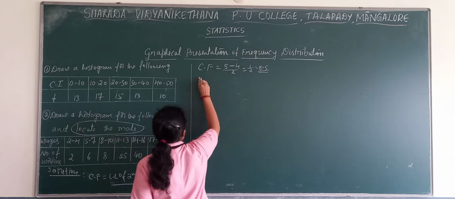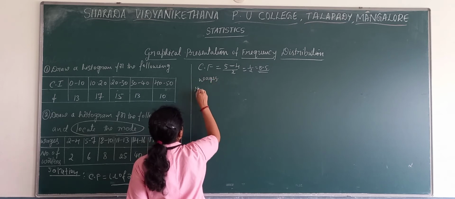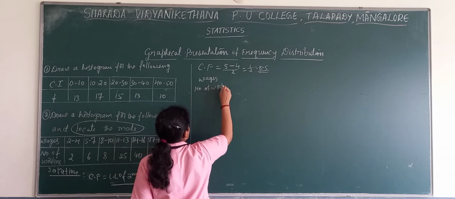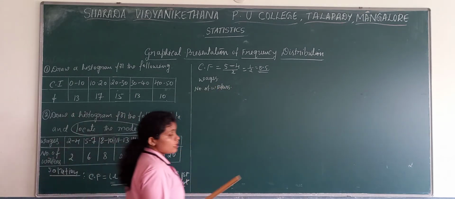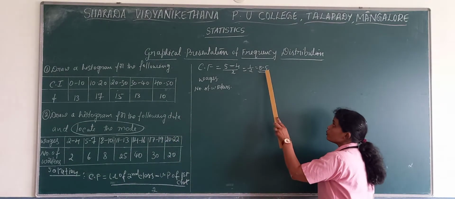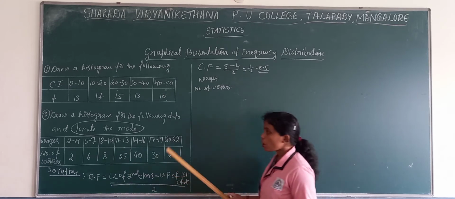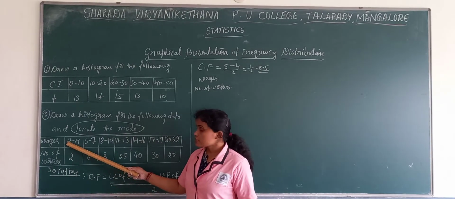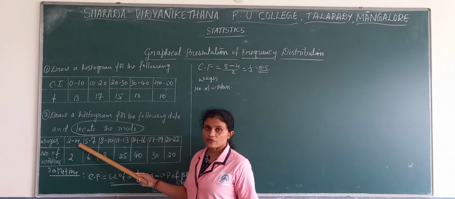Now write wages and number of workers. We got the correction factor of 0.5. When we convert inclusive into exclusive, we always deduct 0.5 from the lower limit and add 0.5 to the upper limit.